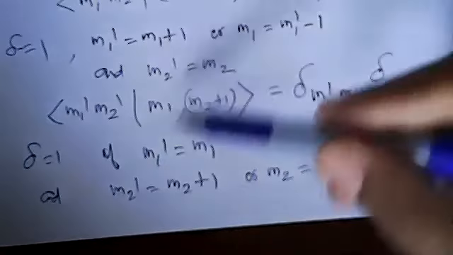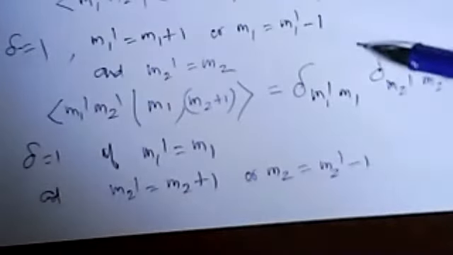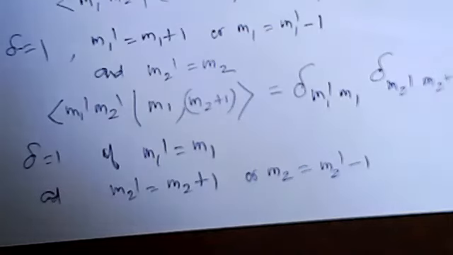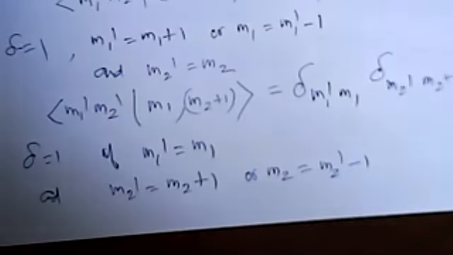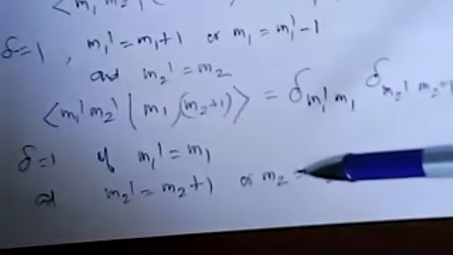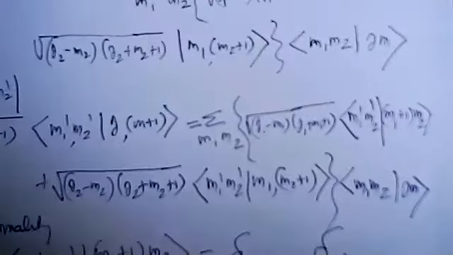Okay. Now we have the conditions for the Kronecker delta to be 1. Apply these conditions here, then only these terms remain. Otherwise, these terms are 0. So apply the condition where the terms exist. We can substitute these conditions on the RHS.